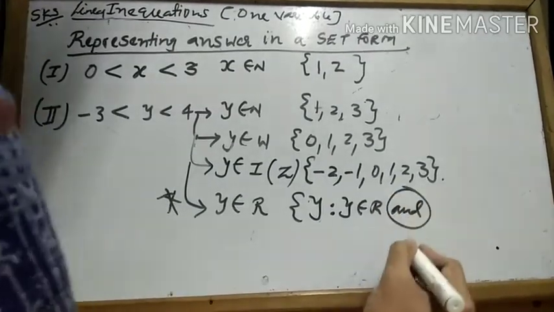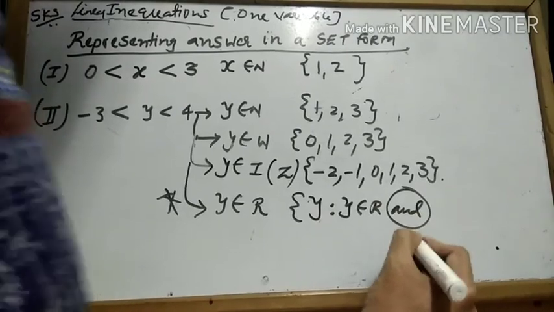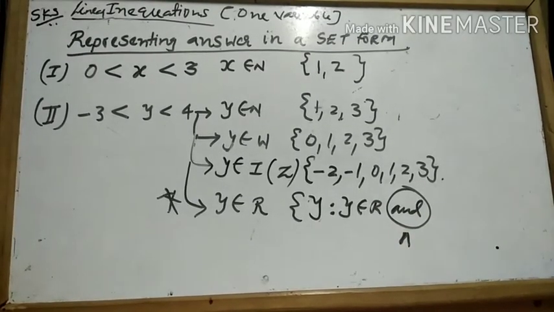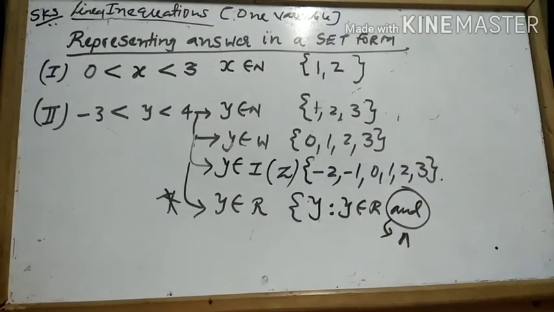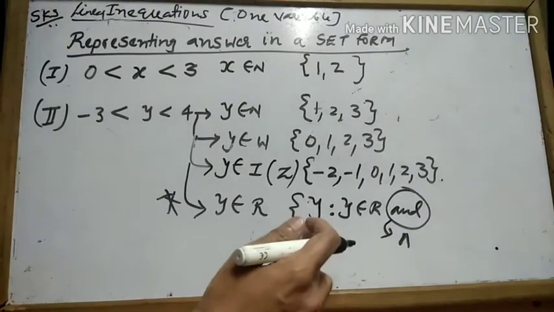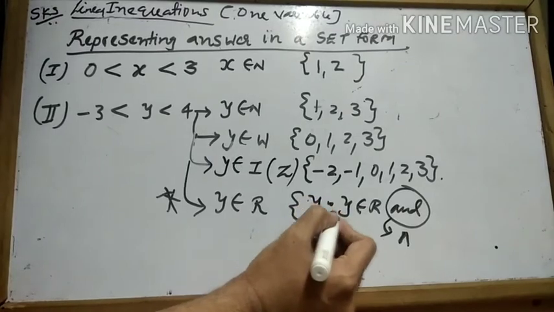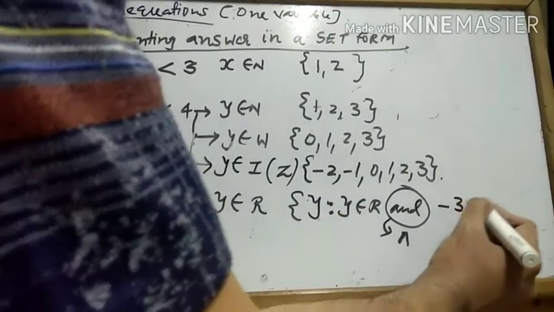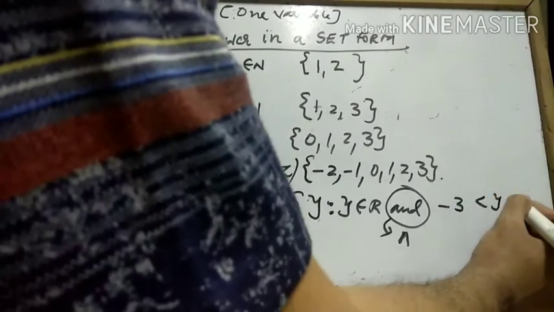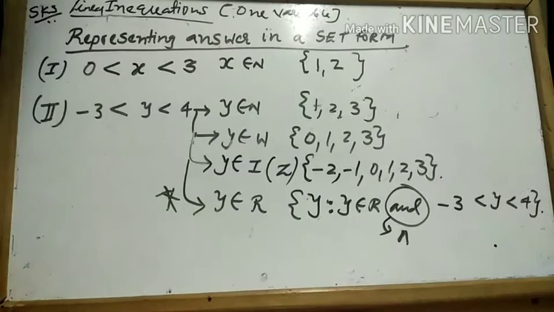Remember, in a few textbooks or reference books, 'and' will be written using this symbol. Few books represent 'and' by this symbol also, so you have to be careful about that. y such that, the two dots mean such that, y belongs to real numbers, and you just write the range: negative 3 is less than y is less than 4.